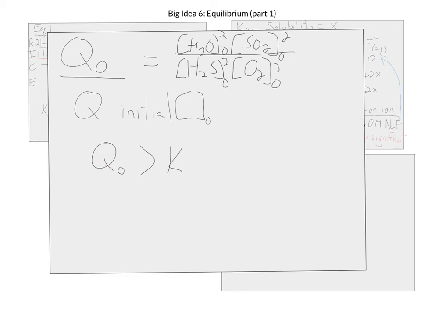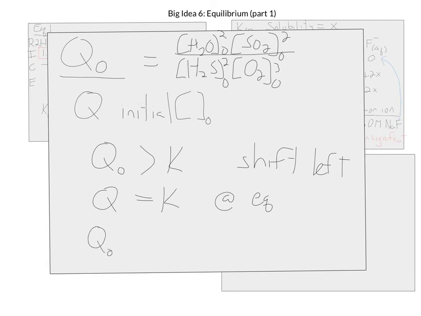We need to shift left, because we have too much product in this scenario. If Q were equal to K and they came out to be the same number, well, the problem's over. You are at equilibrium. Those initials are not really initials, they're finals as well. That is the equilibrium, nothing will change.